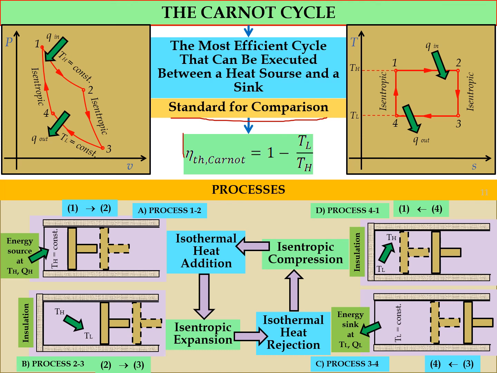This is the thermal efficiency of the Carnot cycle, this is the PV diagram, this one is the TS diagram, and the bottom one here is the process of the Carnot cycle. Since I already explained this in the previous chapter, I don't need to explain it further here.